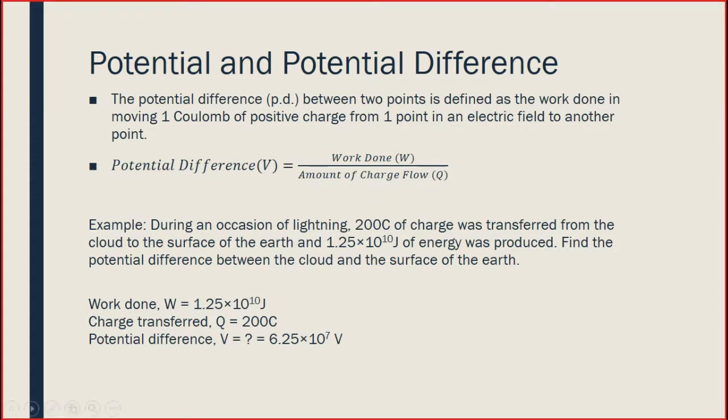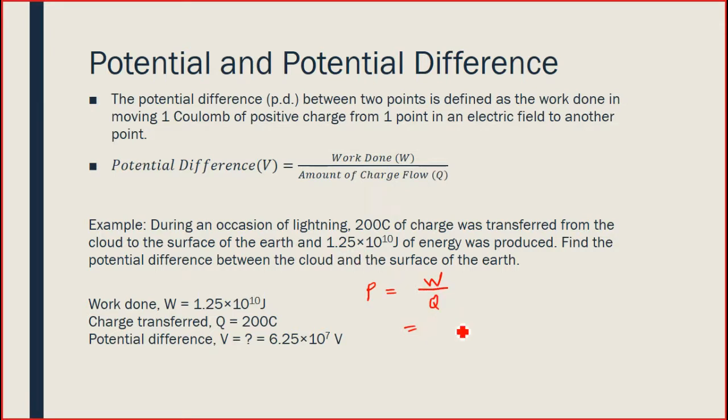So how do we find it? We use the formula: potential difference equals work done divided by Q. Our potential difference is unknown.